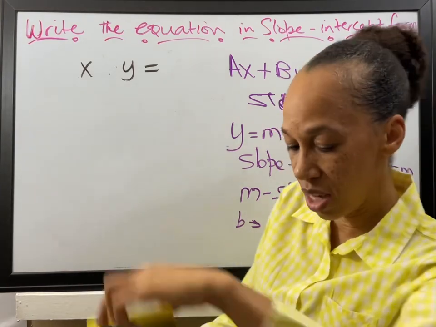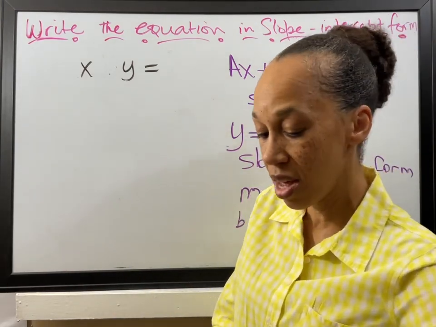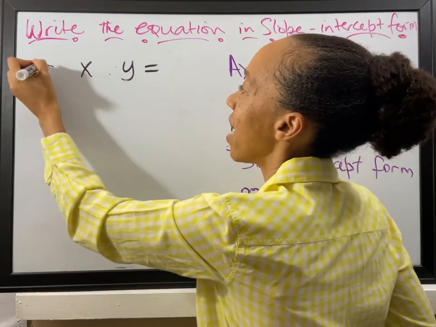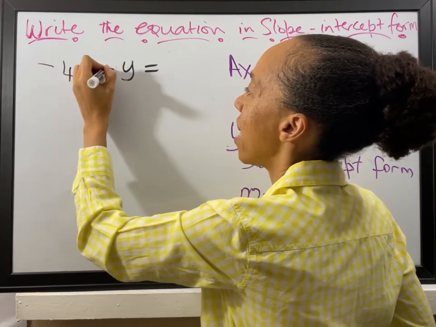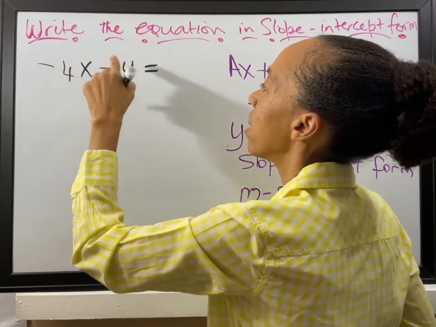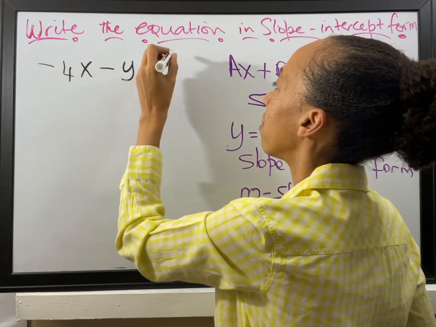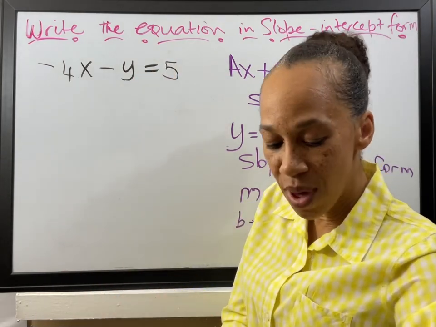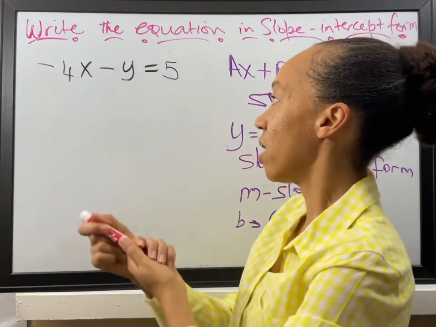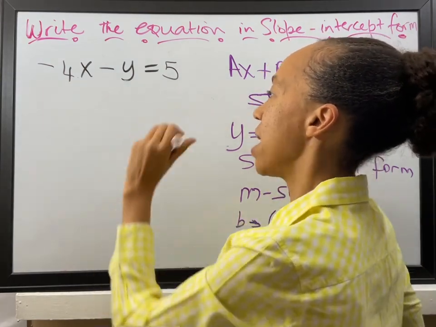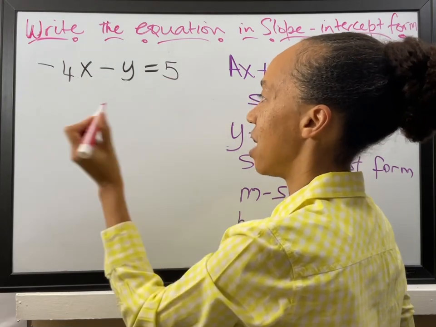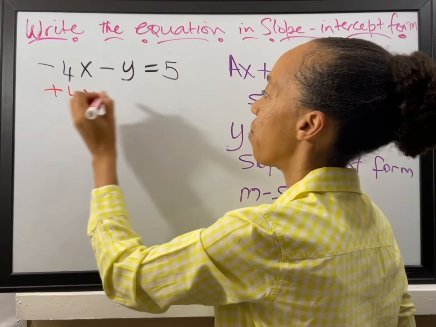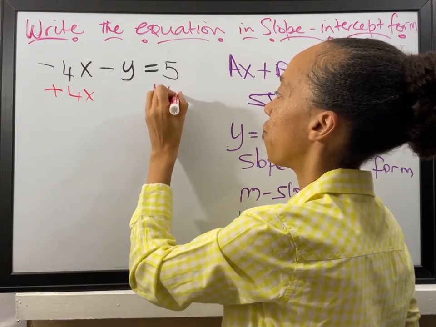Sometimes you have to deal with problems that have negative numbers, and when you are dealing with negative numbers, this is what you're going to do. So I have negative 4x minus y equal, let's use 5 here. So once again we have to get rid of the 4x there. A is negative 4, B is negative 1, and C is 5. So we're going to do the inverse, which is going to be plus 4x. We're going to bring it over to this side, plus 4x.